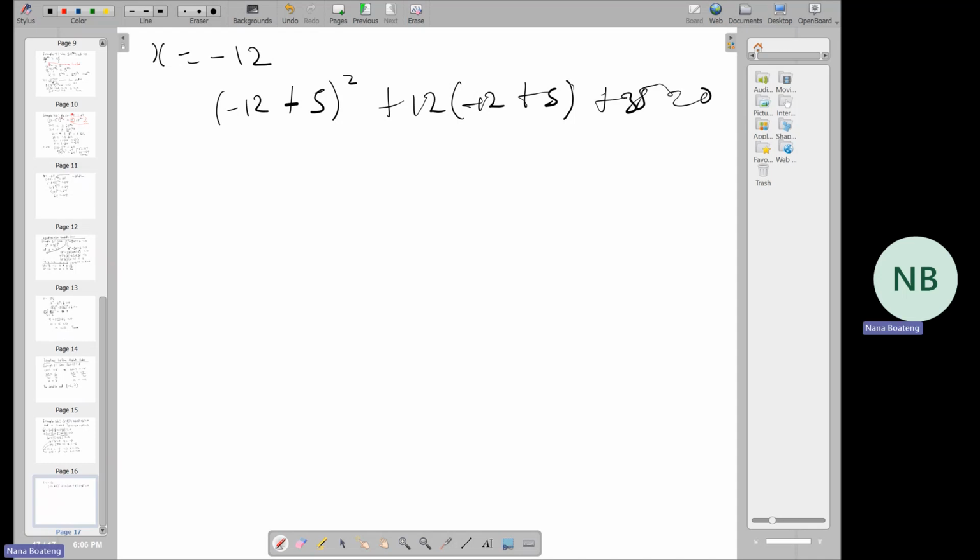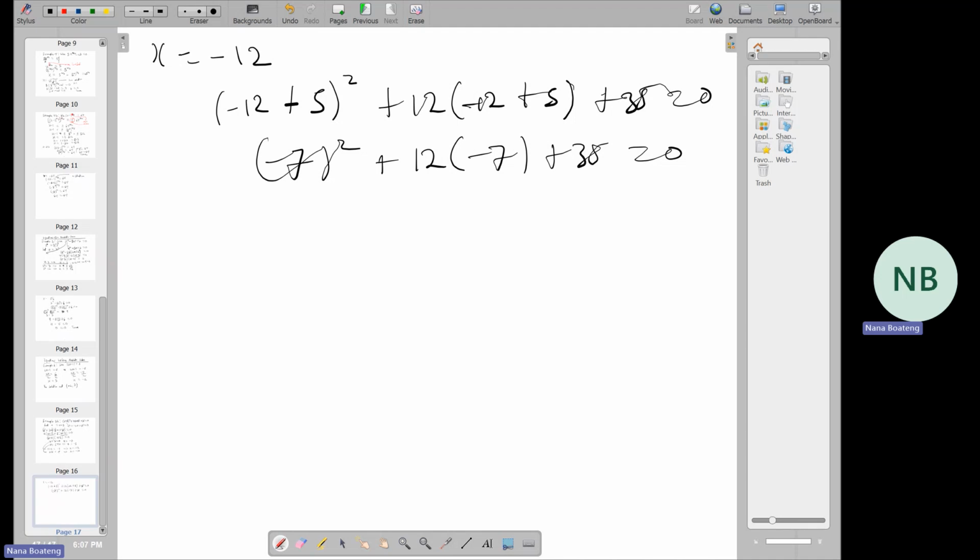So -12 plus 5 is -7. So we have (-7) squared plus 12 times -7 plus 35 is equal to 0.